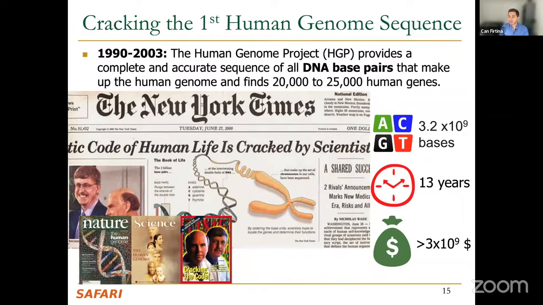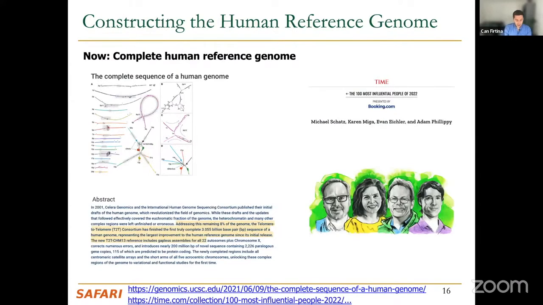And imagine that you need to do it for every paper to finish up the human reference genome. This was a huge breakthrough, but the issue, relatively, is that although it was good enough back then, it wasn't complete. We were still missing some parts of the human reference genome.